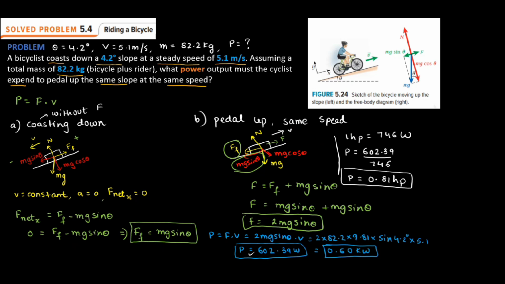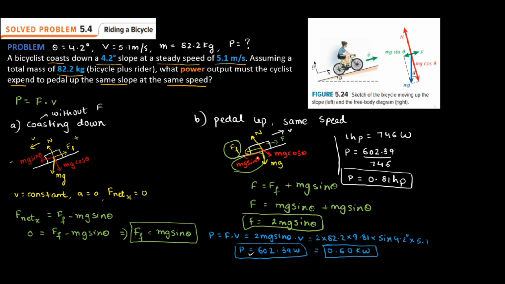So to summarize this problem, what we essentially did was find the force of friction by taking the first case when the bicyclist was coasting down with a constant speed. Coasting down again means to move without applying any force, to let the forces on the slope do the work on you. And when we found the force of friction, we substituted its value when we considered the forces when the bicyclist was moving up with the same speed.